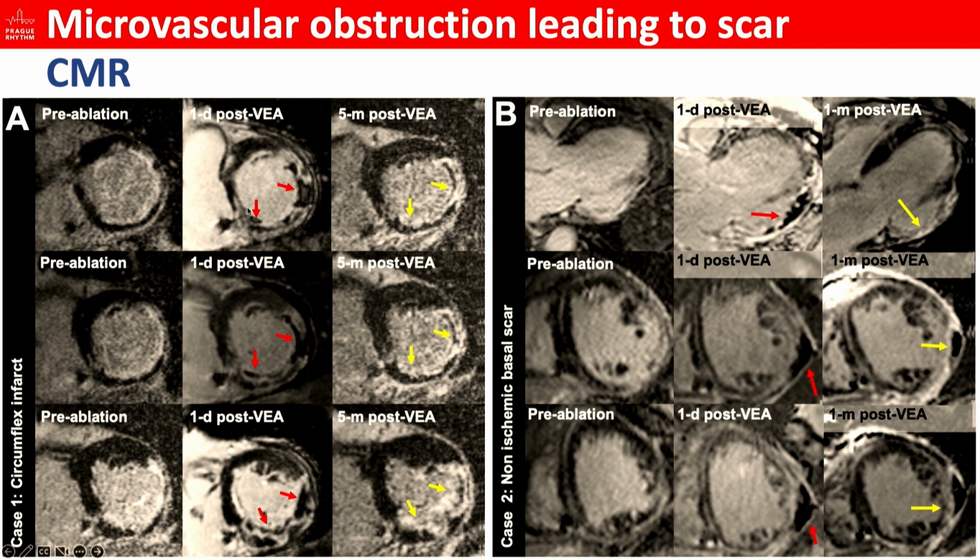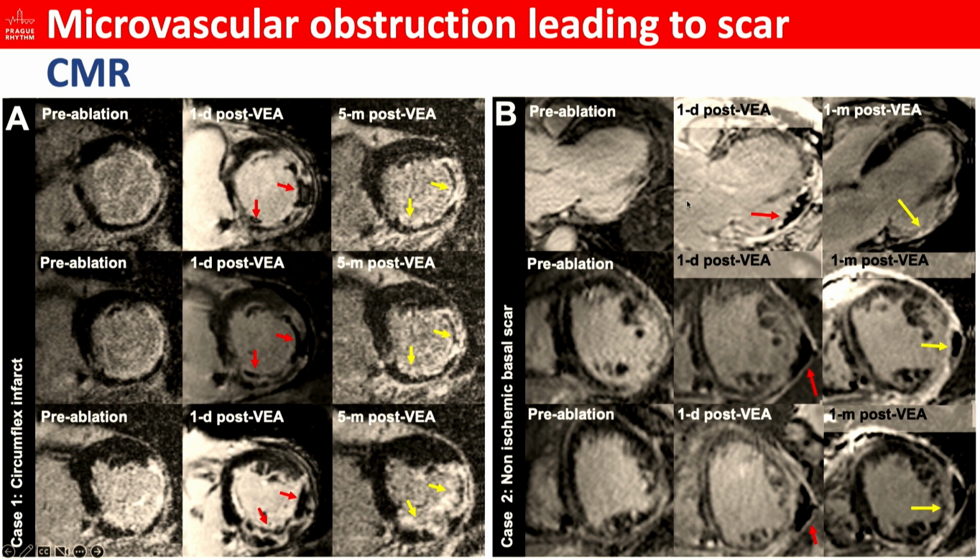So the MRI data is not that great, but this is a case that had circumflex infarct with some subendocardial delayed enhancement, and the patient underwent extensive ablation with RF plus alcohol ablation in coronary veins. We had the microvascular occlusion in the first day after the procedure in different slices here from base to apex. And at 5 months post-ablation, most of the areas have become conventional scars by gadolinium enhancement.